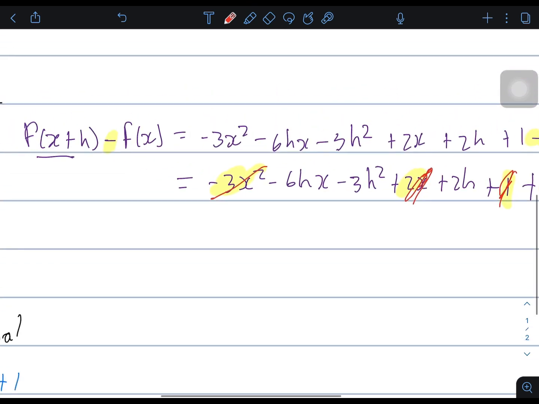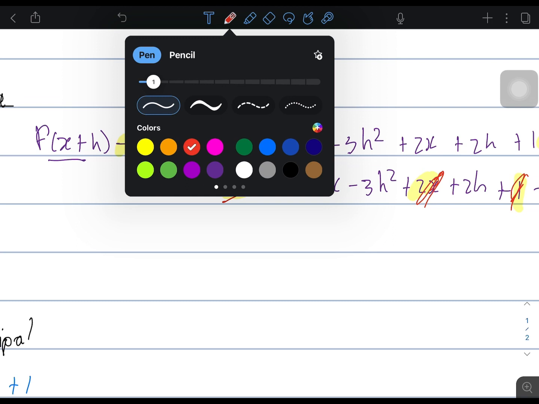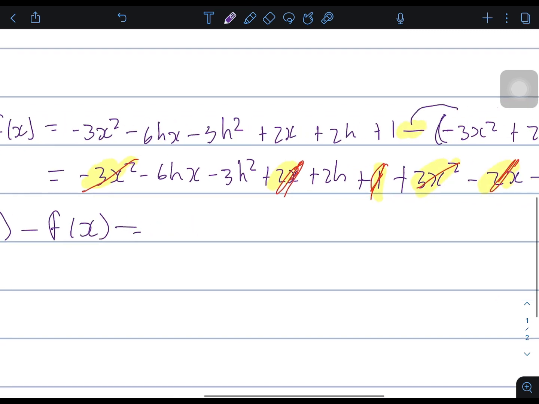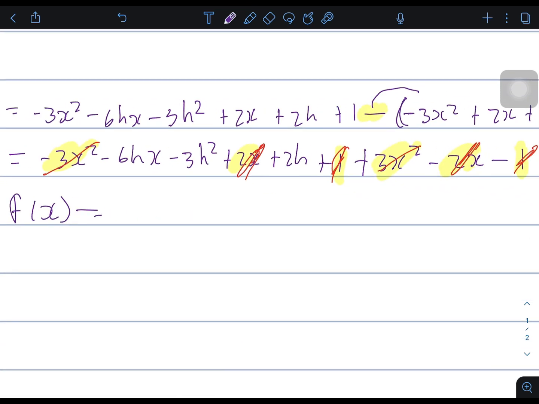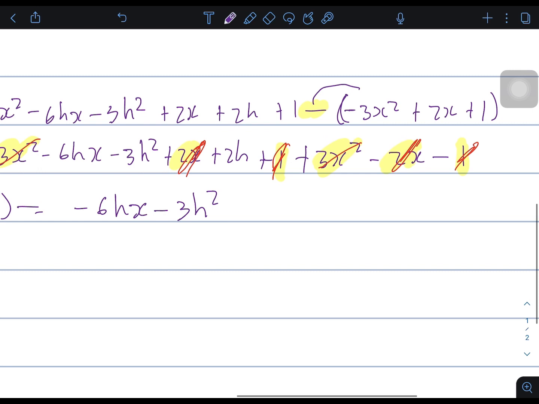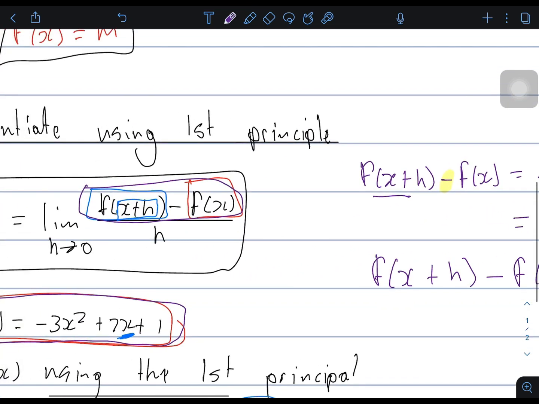Okay, so now we see the value of f of x plus h minus f of x is equal to negative 6hx minus 3h squared plus 2h. Okay, what does the formula say?